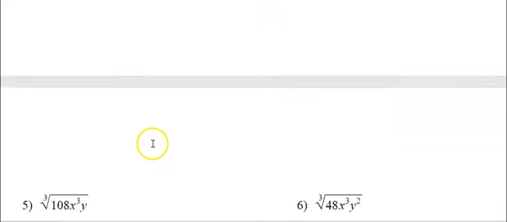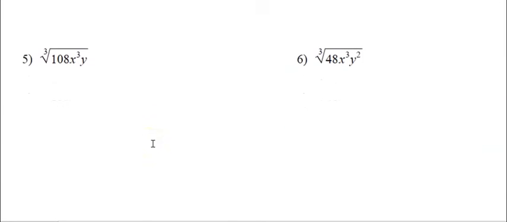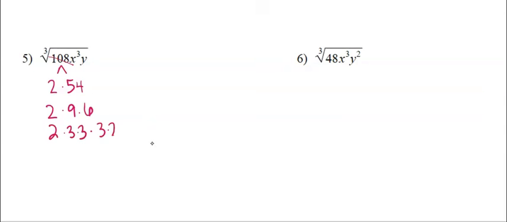All right, and if you want to see some more variables, we'll go ahead and do 2 more examples. So 108, I know, is 2 times 54. So 54 is 9 times 6. And 9 is 3 times 3, and 6 is 3 times 2.